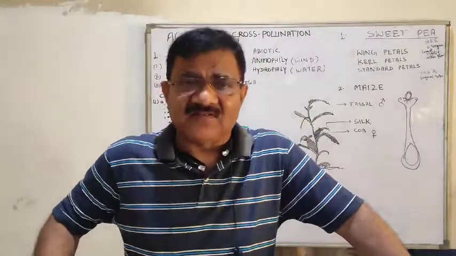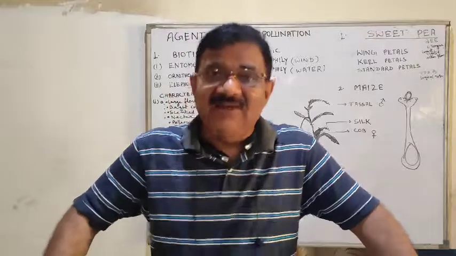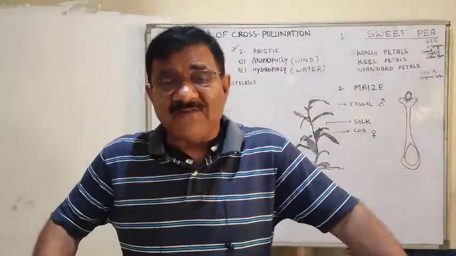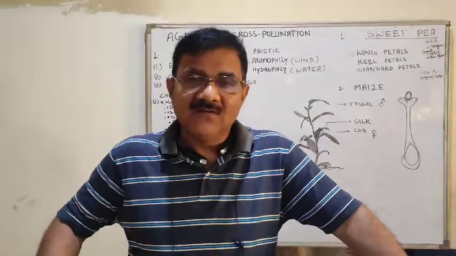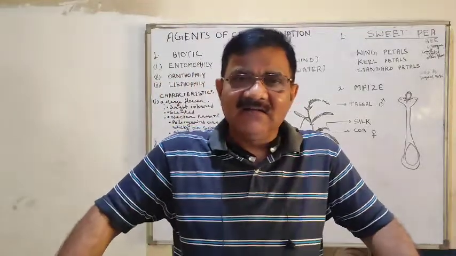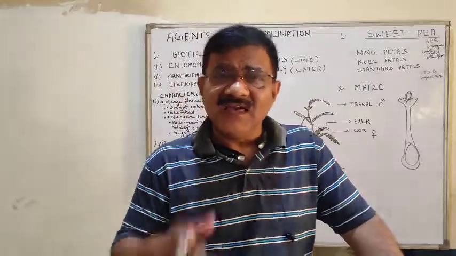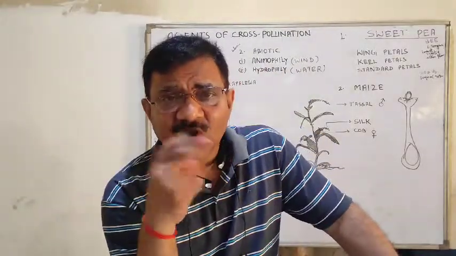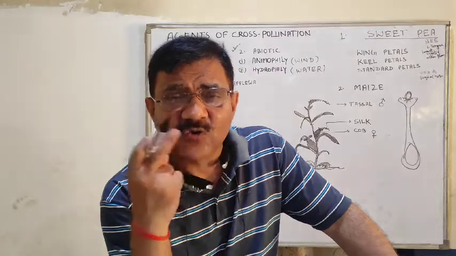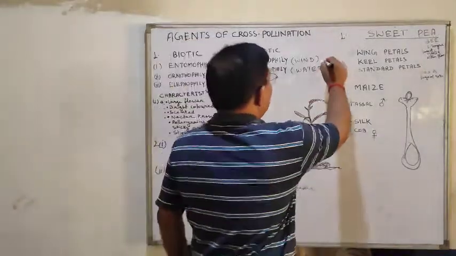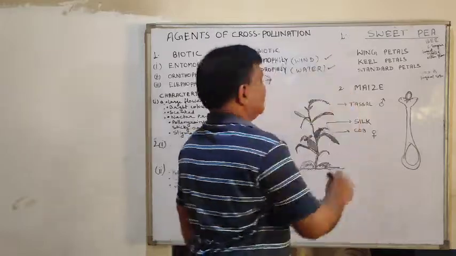Abiotic agents means non-living things. We are going to discuss the flowers which are pollinated by non-living things. Here we have to discuss two abiotic agents, and that is wind or water.